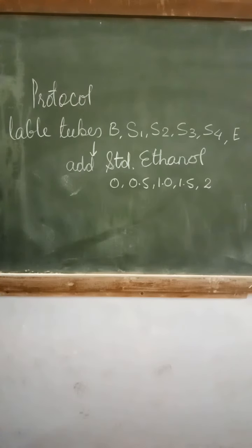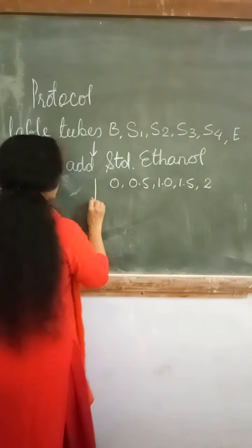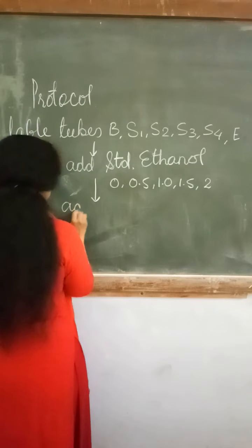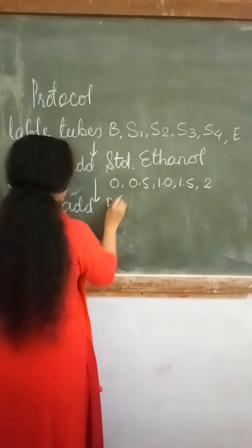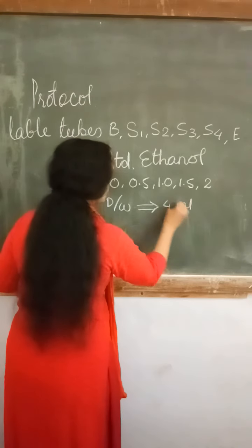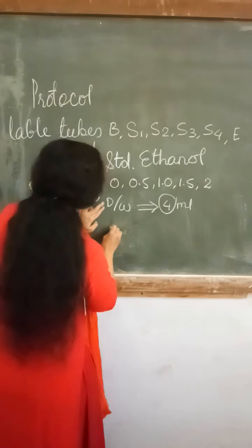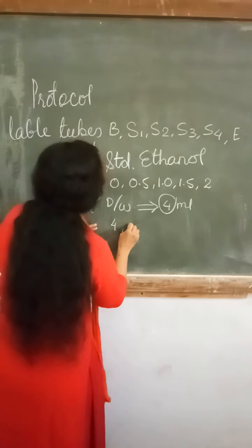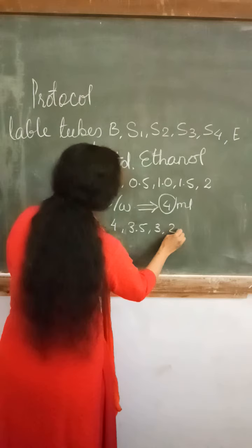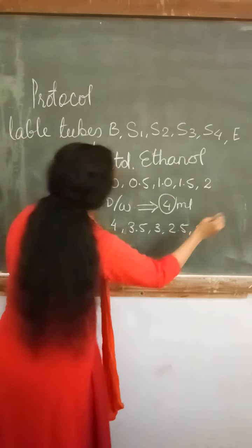Now you have to add distilled water to make the final quantity 4 ml. So in B you are adding 4 ml of distilled water, and in the others you add 3.5, 3, 2.5, 2 and in this way.